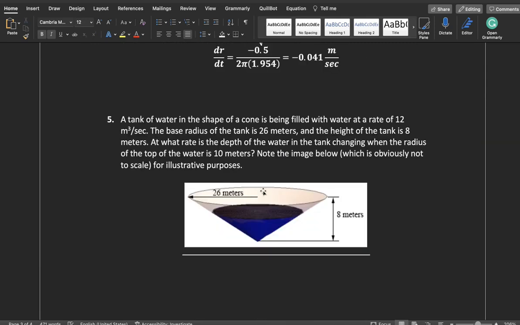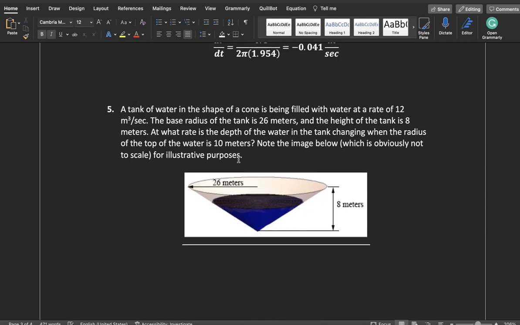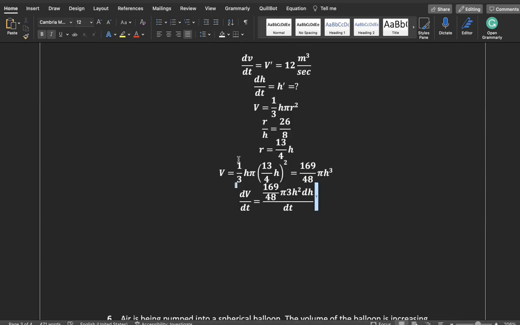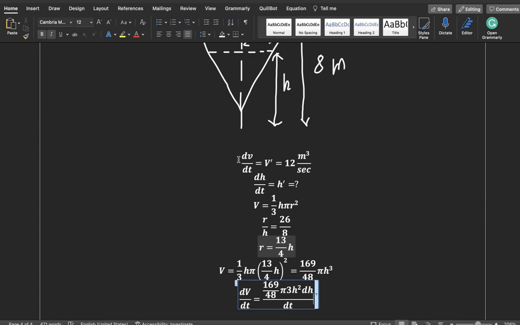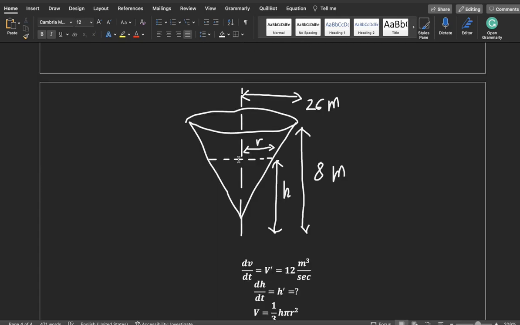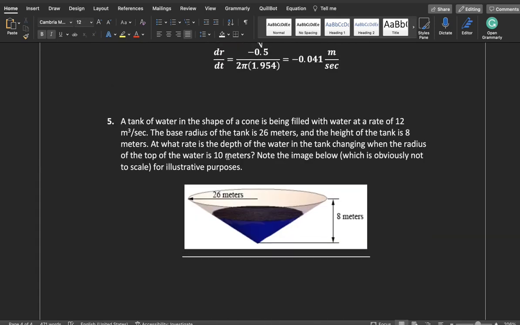From the problem, we're given that r was equal to 10 meters.